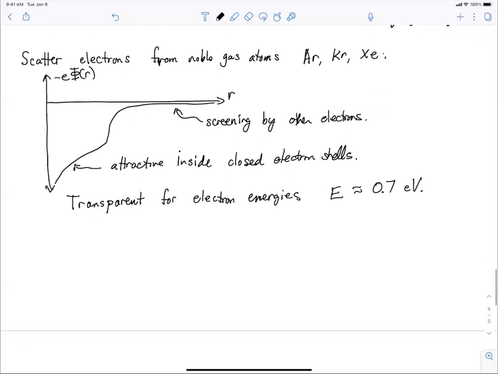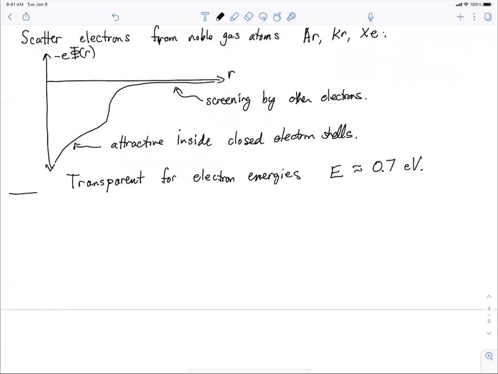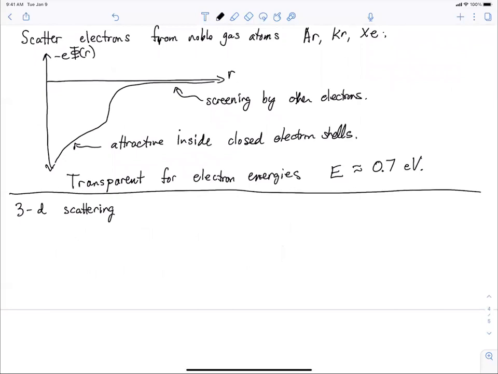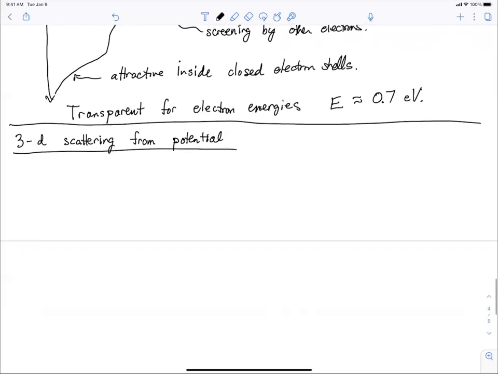All right, I think we'll now graduate as promised to three-dimensional scattering. And by the way, after doing a lot of work, we'll be able to come back to the Ramsauer-Townsend effect in real three-dimensional potentials and see how it works. Okay, so here's the typical problem in three-dimensional scattering.